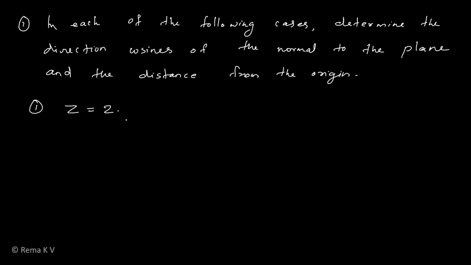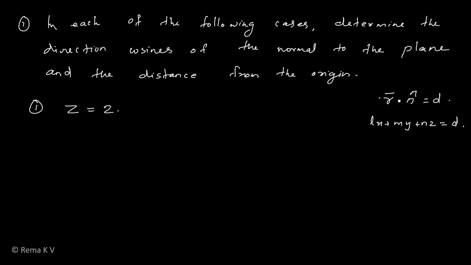This is the equation of the plane given to you. Can you say whether this is vector form or Cartesian form? You have to identify this. The first one will be of the form r dot n cap is equal to d. The second one is lx plus my plus nz is equal to d.